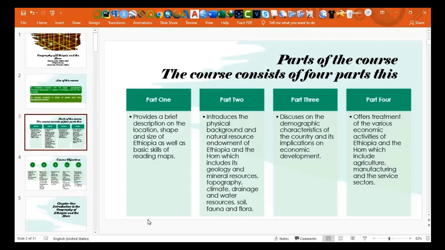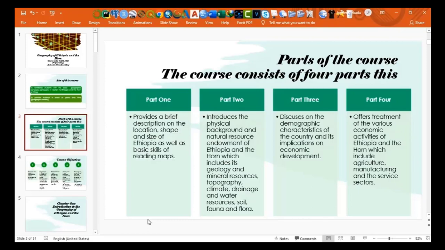And the second part introduces the physical background and the natural resource endowments of Ethiopia and the Horn, which includes its geology and mineral resource, topography, climates, drainage and water resource, soil, fauna and flora.